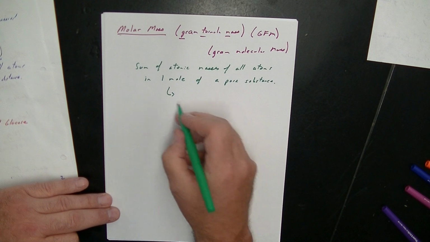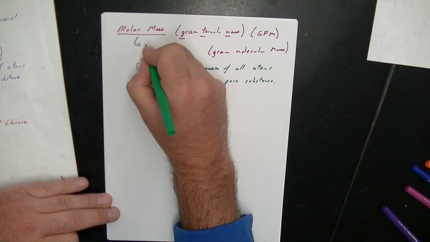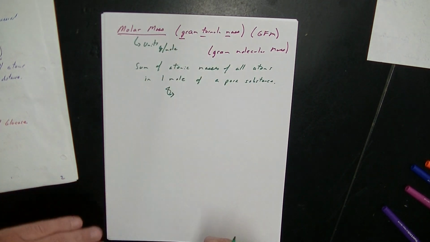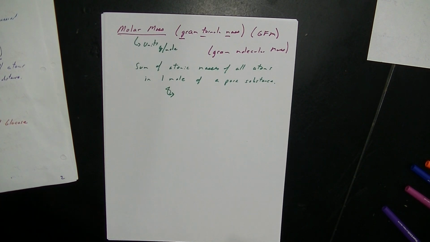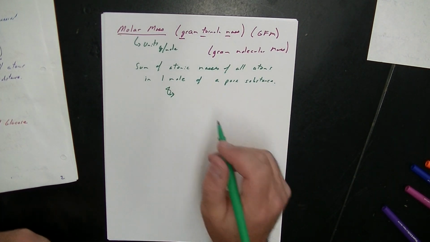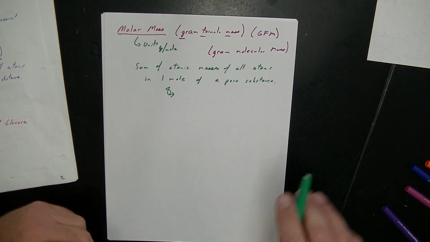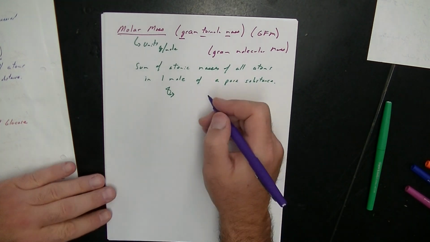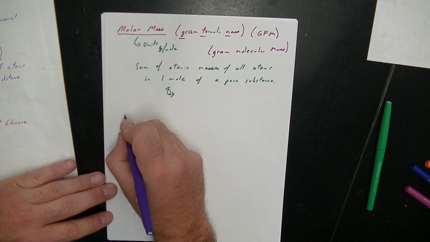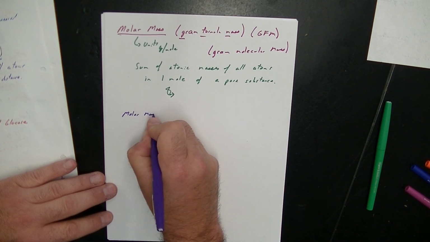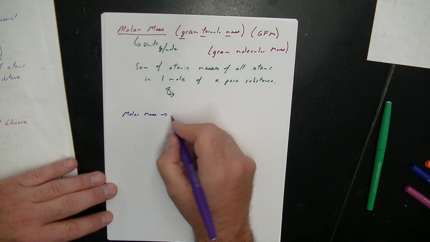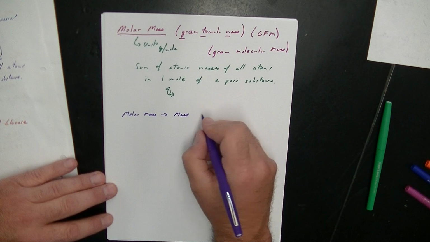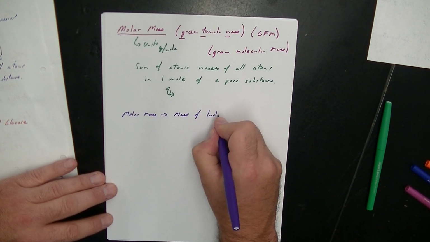The units are grams per mole. So what this is really saying is that the molar mass is equal to the mass of 1 mole of a substance.